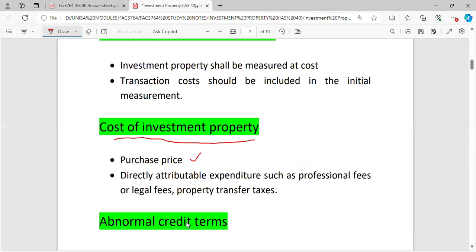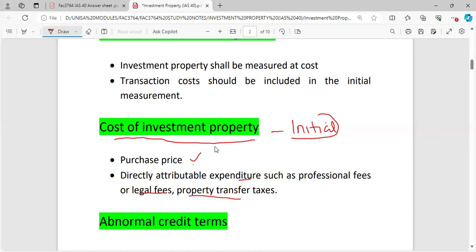All these, if they are in the question, are going to add to the cash price to come up with the cost of the investment property. Remember, when we talk of cost, we are talking about the initial measurement. We did this when we were doing PPE. So when you get the investment property, this is how much you are going to record in the books of accounts for the organization.